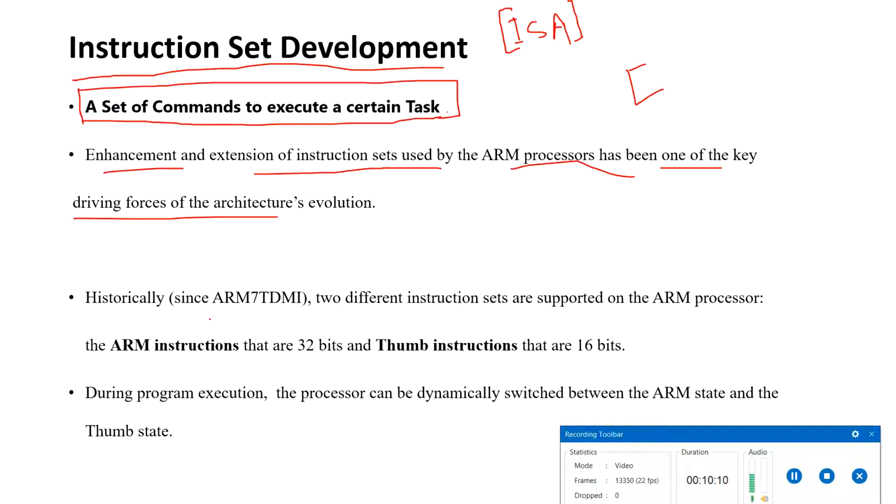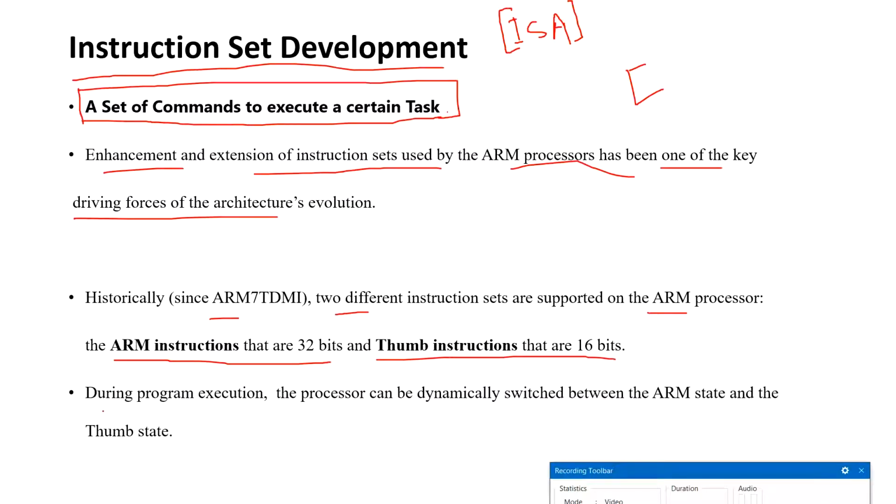Historically, ARM7 used two different instruction sets supported by the ARM processor. One is ARM instructions, which are 32 bits, and the second is Thumb instructions of 16 bits. During program execution, the processor can be dynamically switched between the ARM state and the Thumb state.